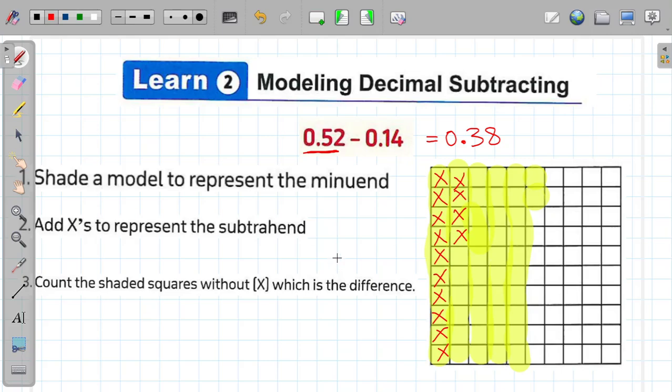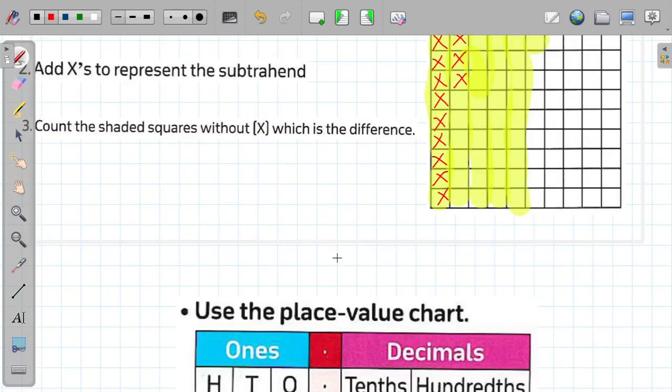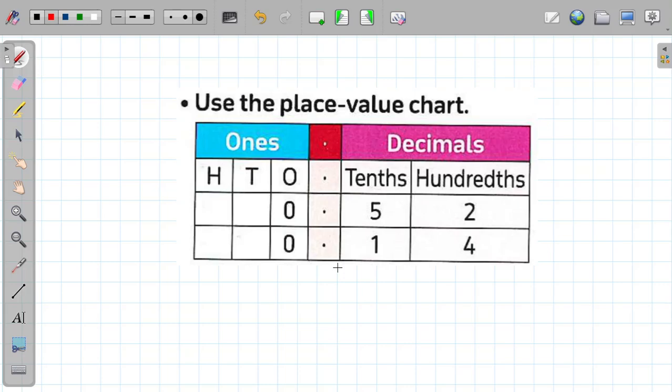or maybe if I want to use the place value chart like this, so I will have the chart like this and I will put each digit in its own place and then subtract the places after that to arrive at the result. Okay, so the first one here is the hundredths.